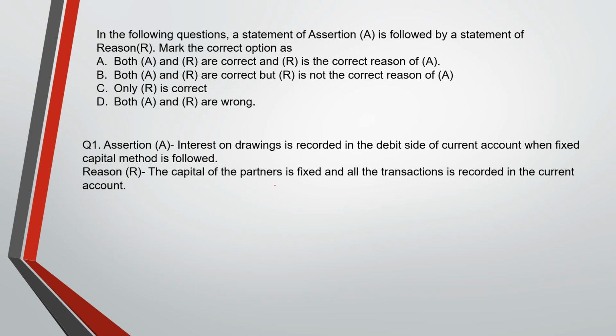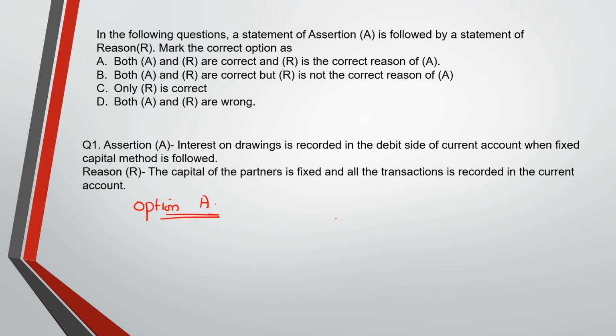Yes, when the capital is fixed, all these transactions of appropriation will go through the current account. So here, both the assertion and the reason are correct, and reason is a correct explanation of the assertion. Therefore, it is option A, which is the right answer.